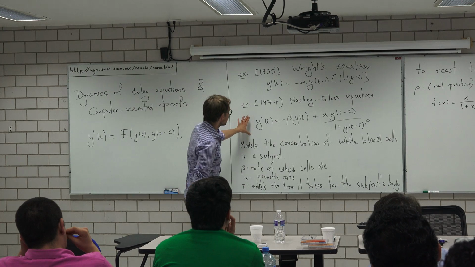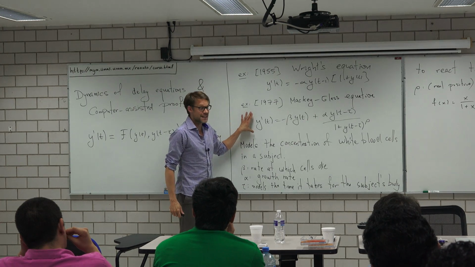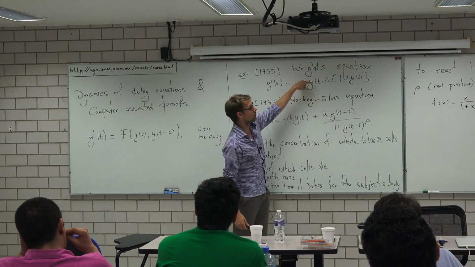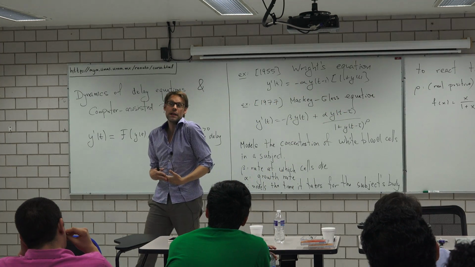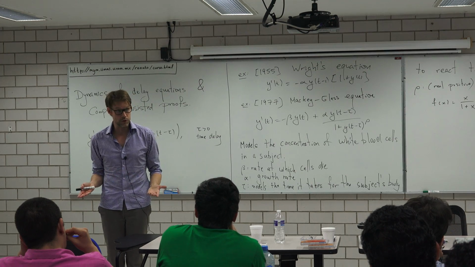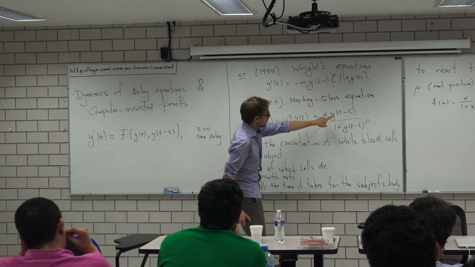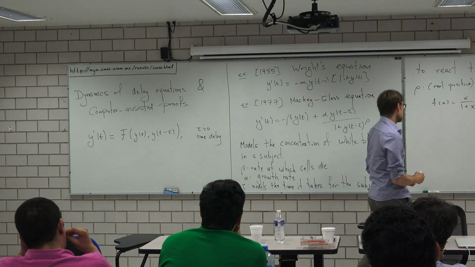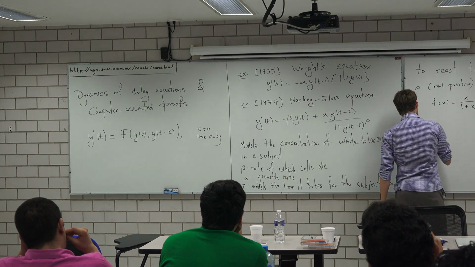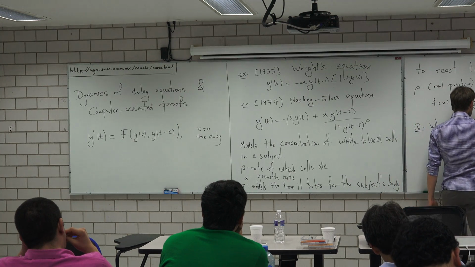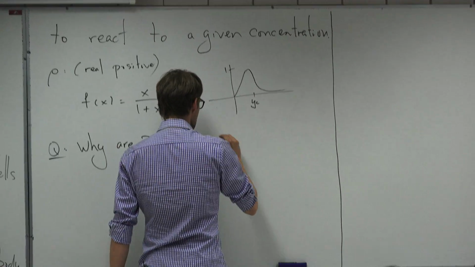If you think about it, it is a scalar problem. If you were to remove the time delay here or even here, then you get a completely trivial scalar ODE for which the dynamics is completely understood. So just by introducing a delay here, everything changes. And why is that the case? So question, why are DDEs, delay differential equations, so hard?